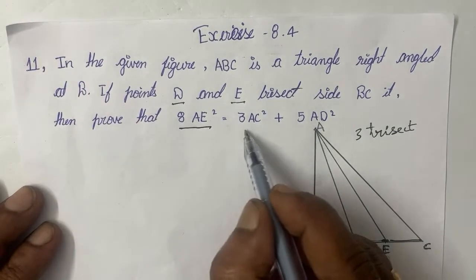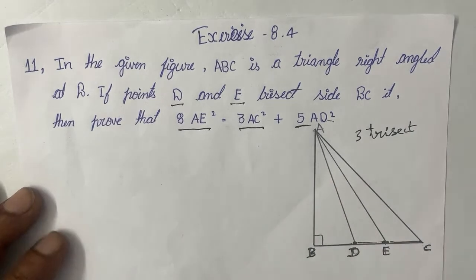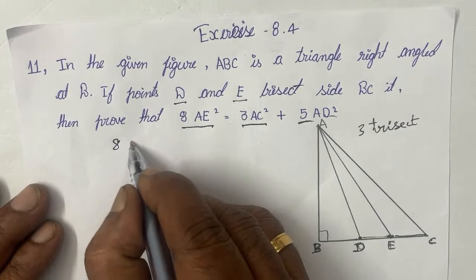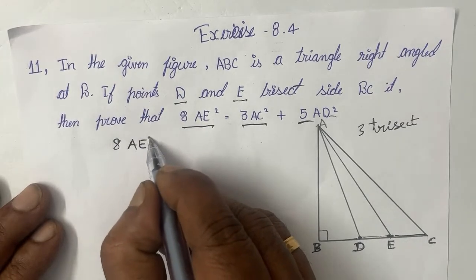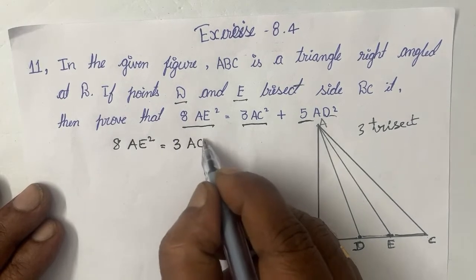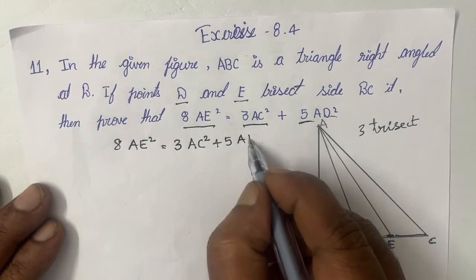8AE square is equal to 3AC square plus 5AD square.